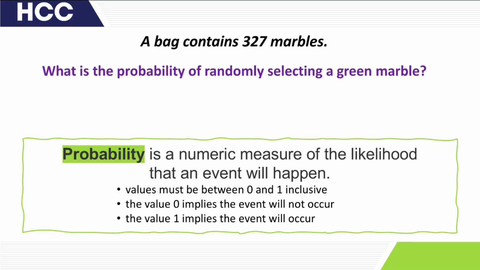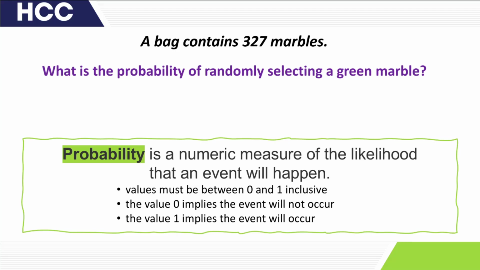So you can think of, in terms of weather reports, there is an 80% chance of rain today. 80% is actually a number that lives between 0 and 1. 80% is 80 out of 100, 0.8. And when the weather person says it's an 80% chance of rain, then we feel like there's a very good chance that it actually will rain today.